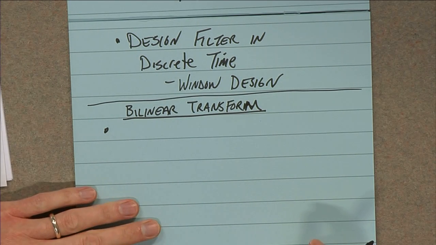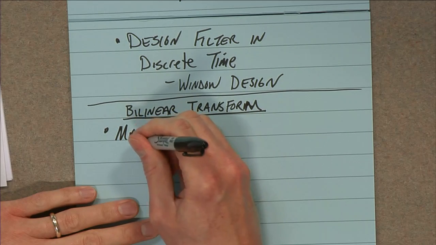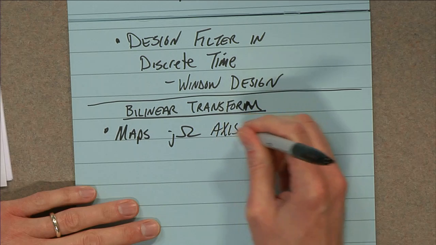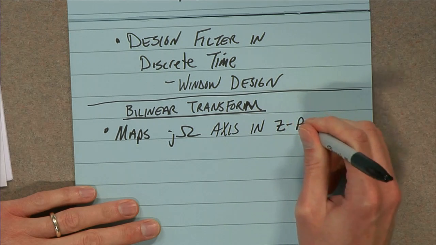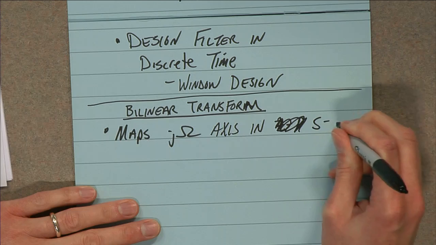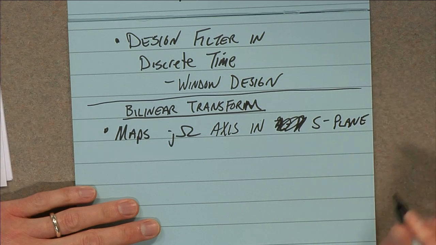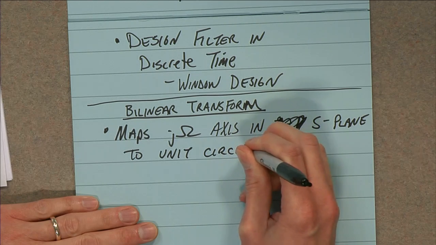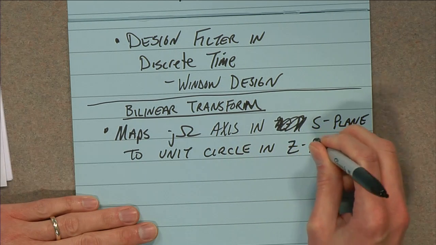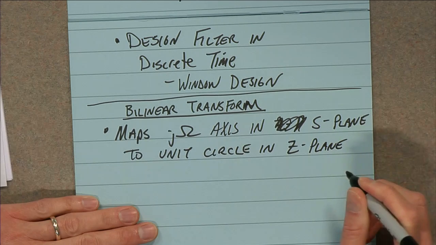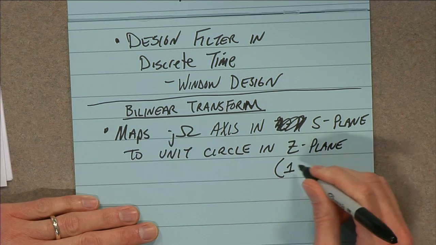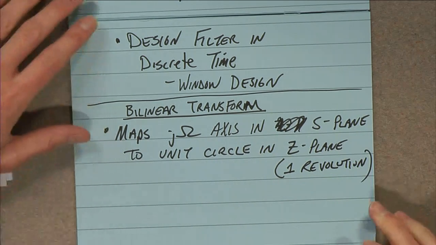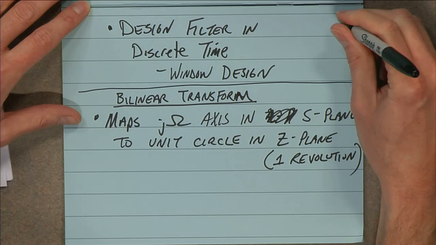It's going to map the j omega axis, actually that's in the S-plane, to the unit circle in the Z-plane. And I guess maybe I should put one revolution in there as a note.